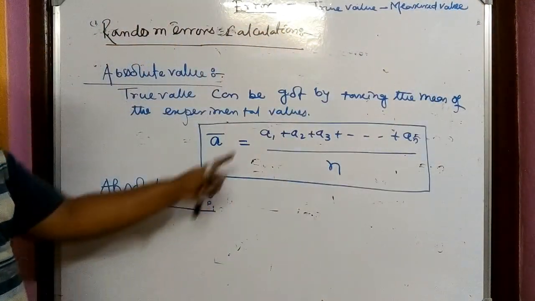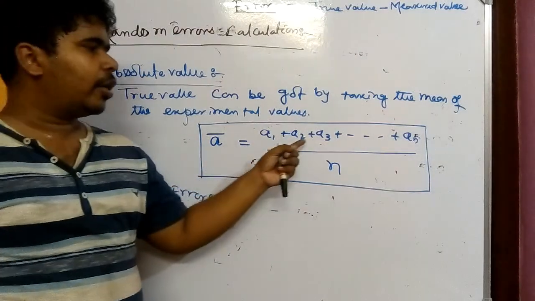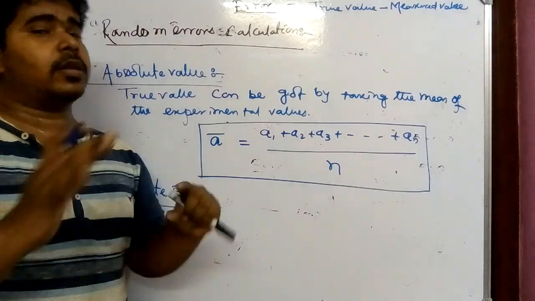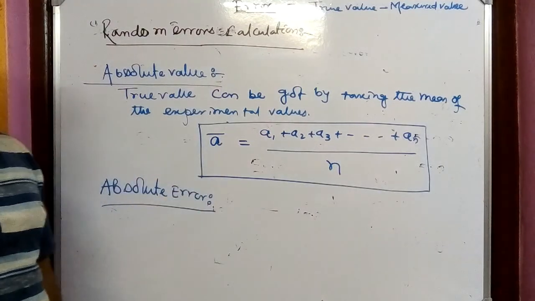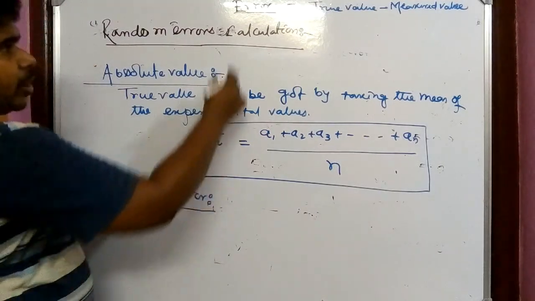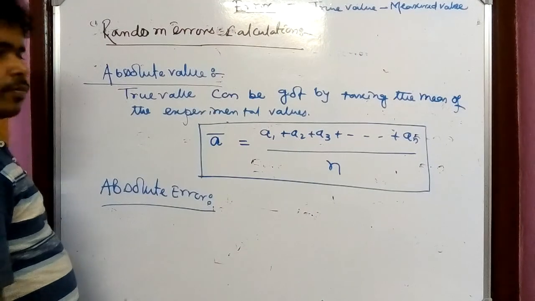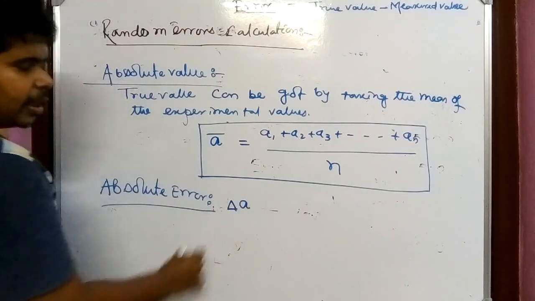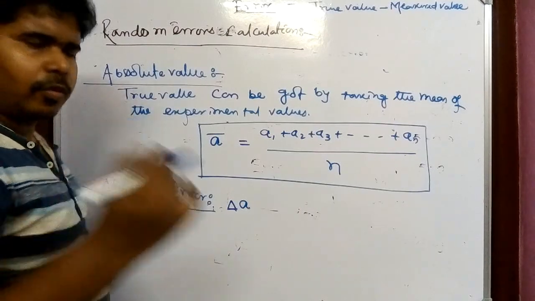That is the error. The measured values we have are A1, A2, A3, and the true value is the average one, that is A bar. So absolute error means the error itself. The absolute error, delta, is the difference. You all know that.